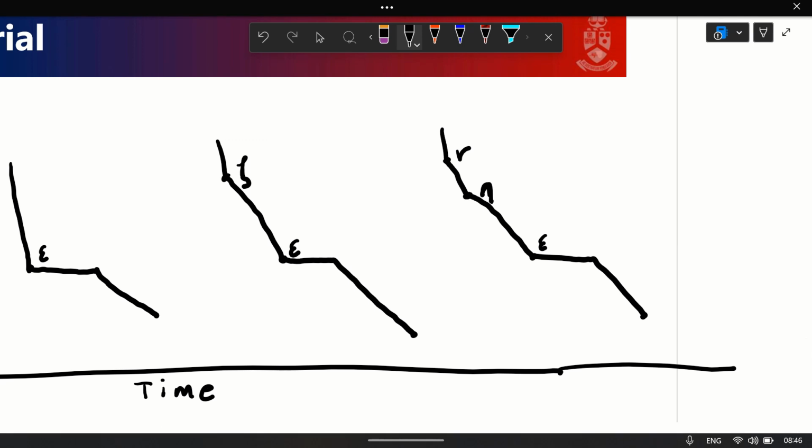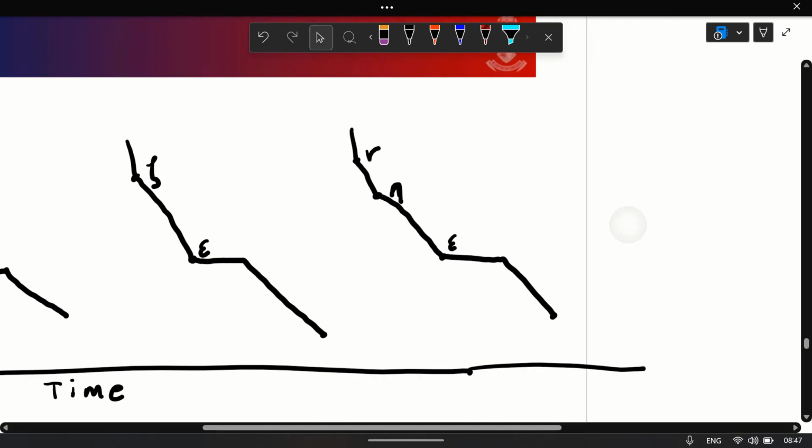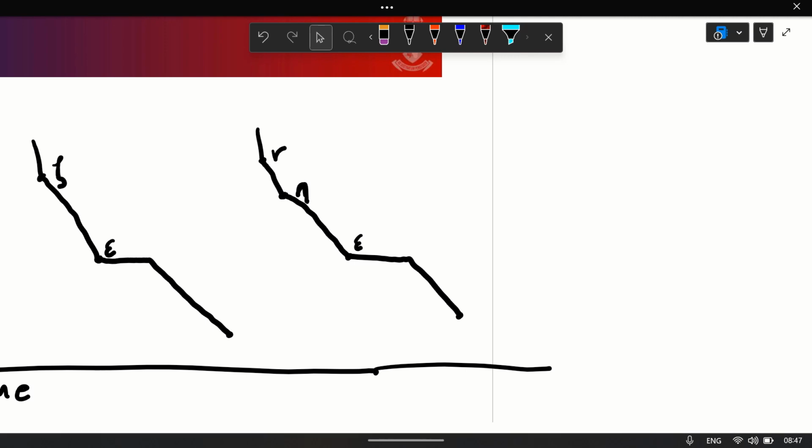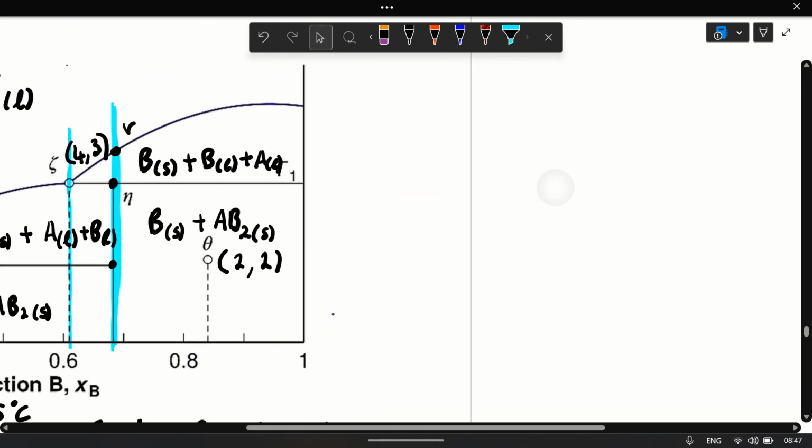Then at eta AB2 starts forming, and then at epsilon it plateaus. You should be aware of this, because at the eta point we have the formation of AB2 for the first time.